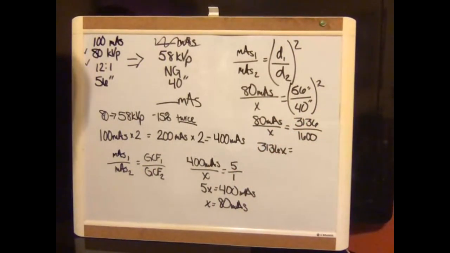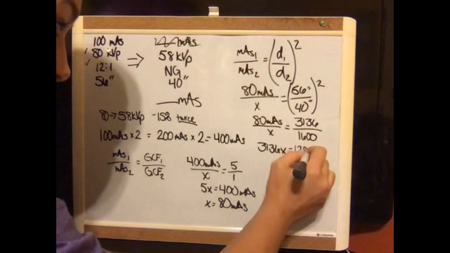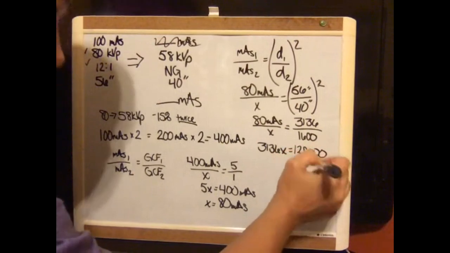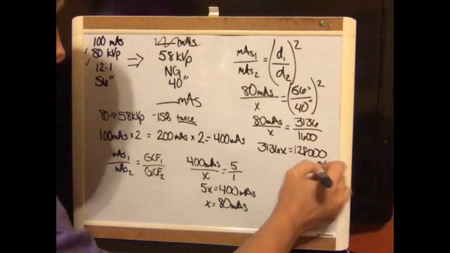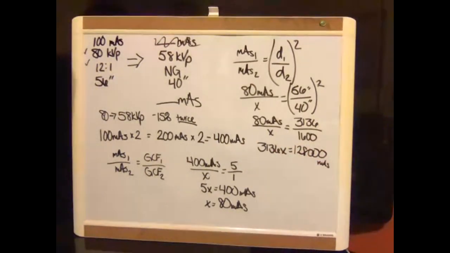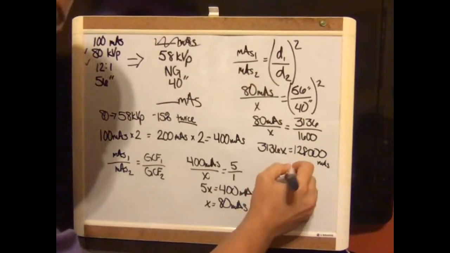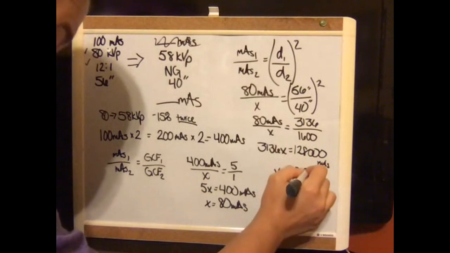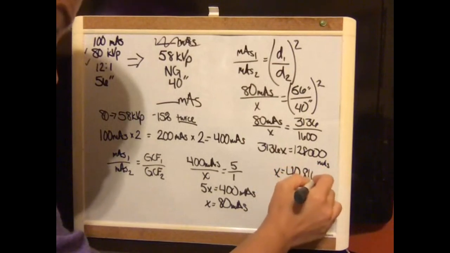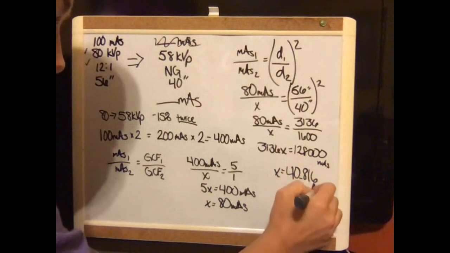That's 128,000 mAs. Divide that by 3136, and our answer becomes 40.816, whatever, mAs.